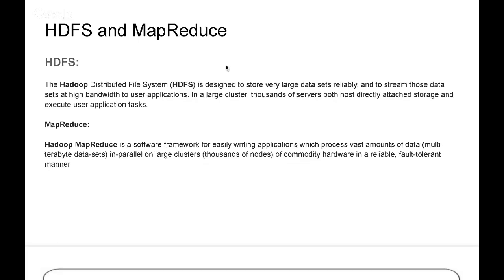But sometimes you are not using all 10 blocks, you are using 3 or 4 blocks, and the rest of the blocks get wasted. In HDFS, if your data is 32 MB and your block size is 64 MB, then that 64 MB is not going to be wasted.